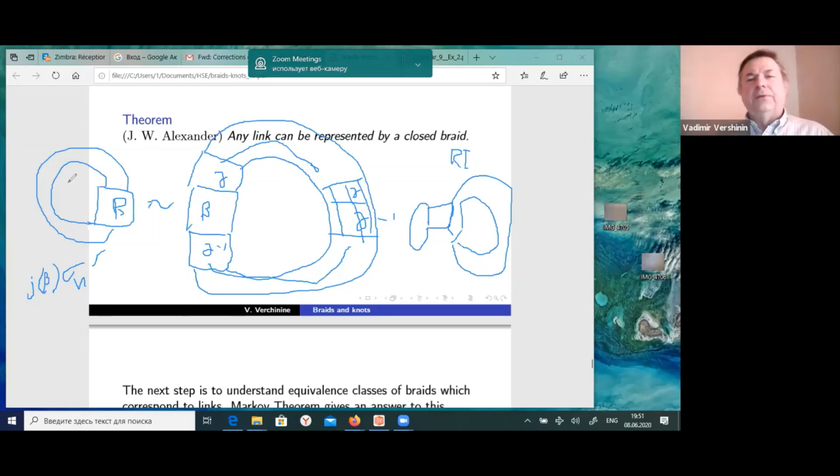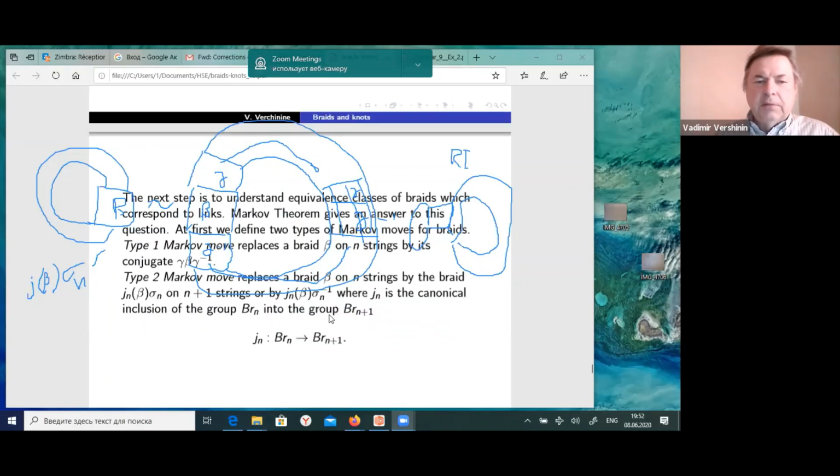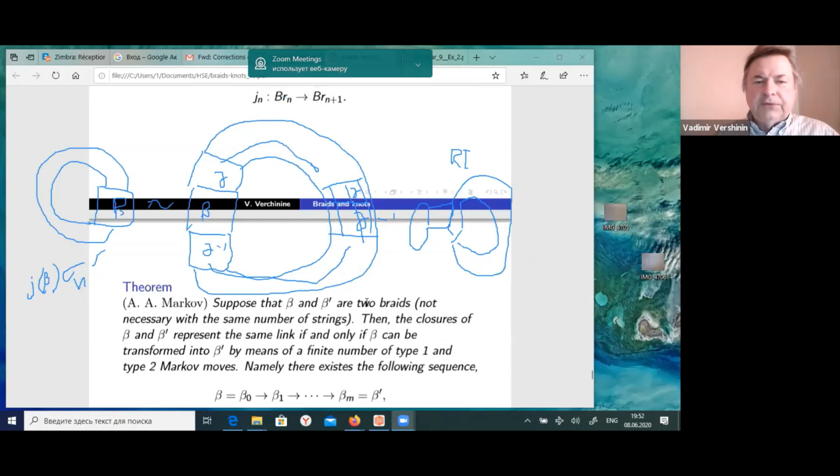So of course, it is evident from a geometrical point of view how to verify that Markov moves give the same result for closure, right? But the great Markov theorem is the following, that in some sense the inverse is also true.